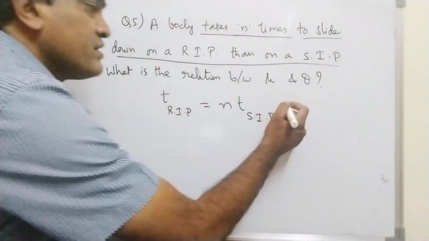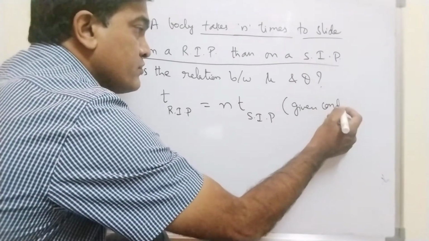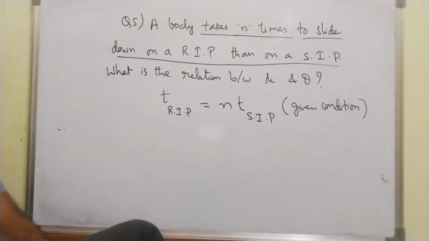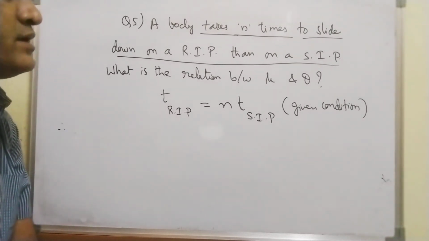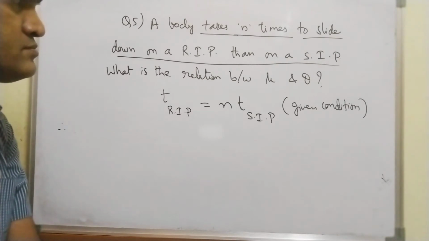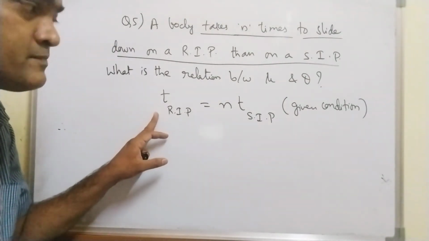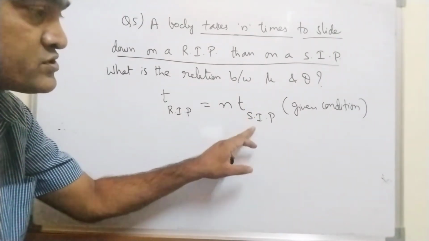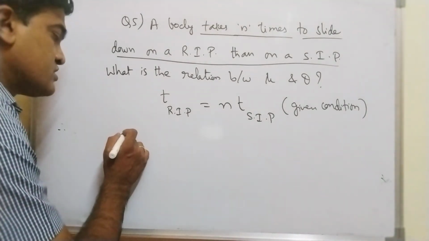This is the given condition from the problem, or you can consider this as an application. You know the formula for the time taken to slide down a rough inclined plane, and also the formula for a smooth inclined plane, right? Just recall.